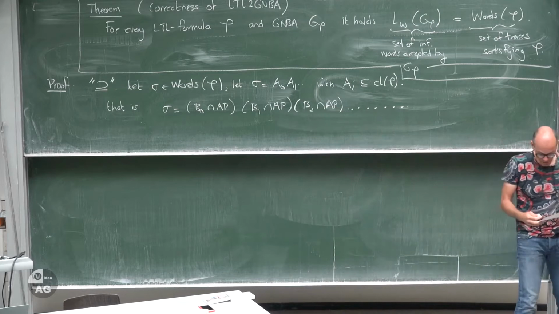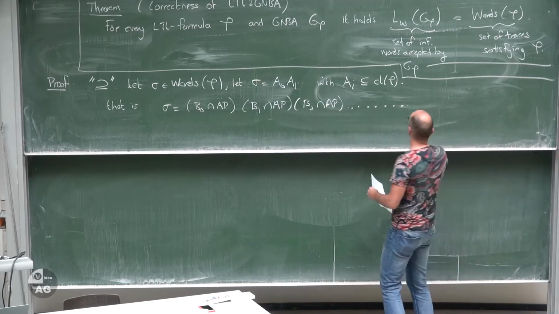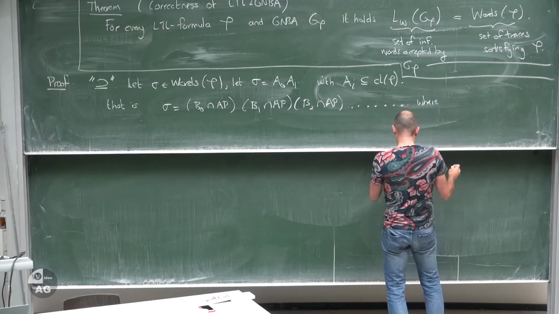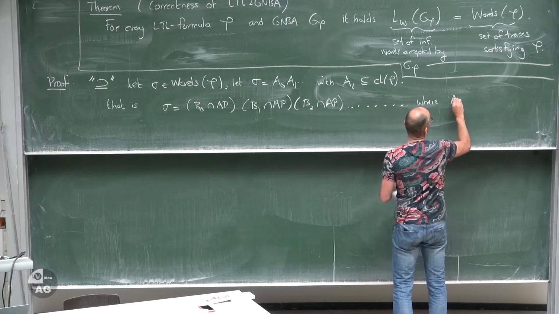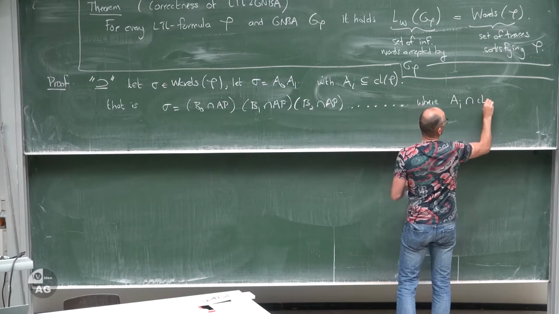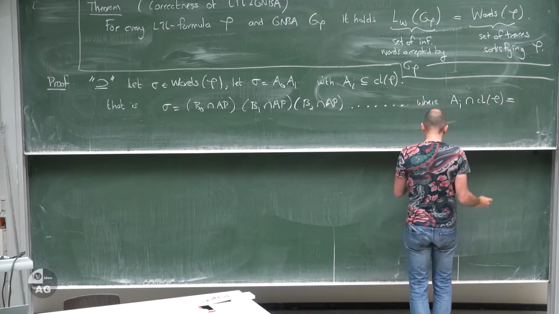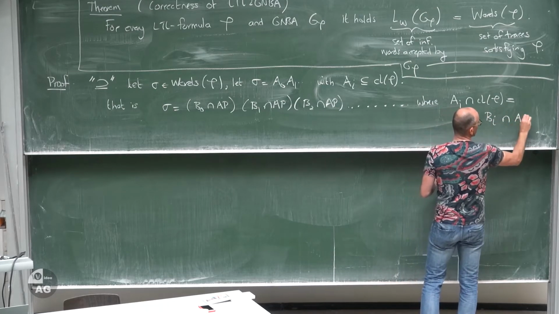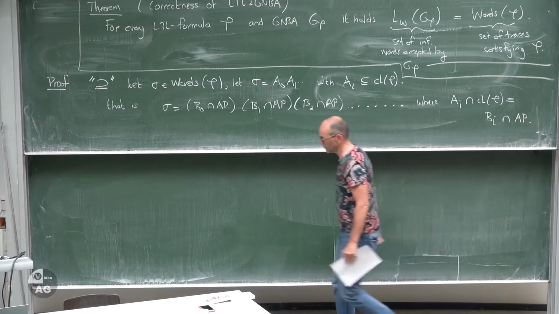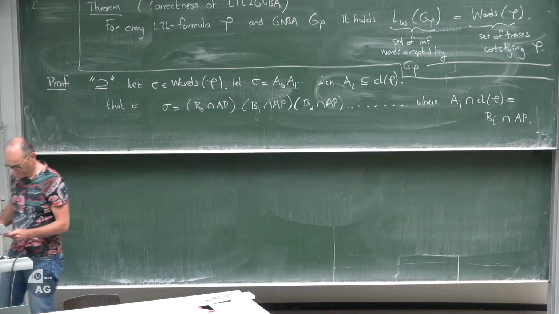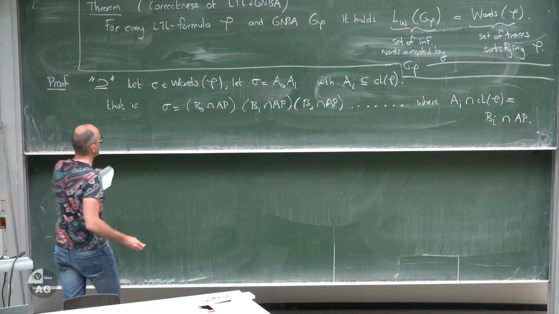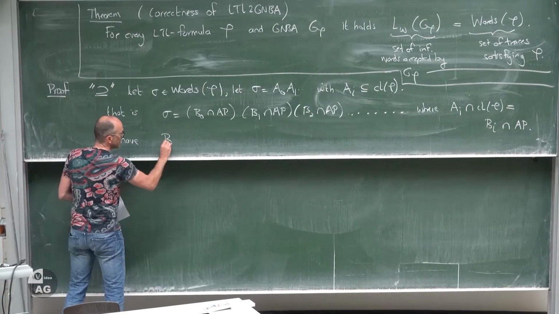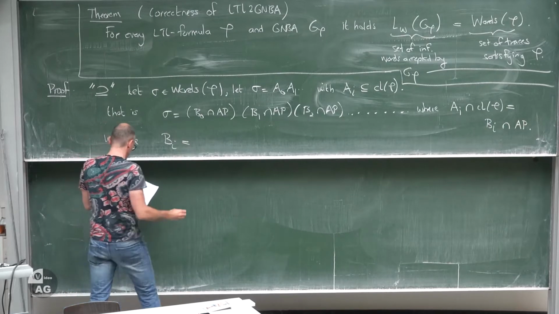This is the sigma we have at our disposal, such that A_i intersected with the closure of phi equals B_i intersected with AP. Good. So we have that B_i is the following set.